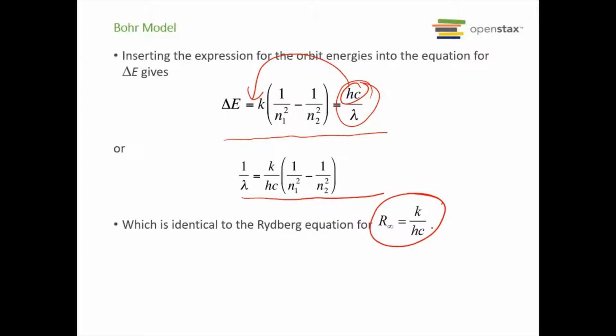That's why it was rearranged like this. So 1 over lambda is equal to the Rydberg constant times 1 over n1 squared minus 1 over n2 squared. So he was able to rederive the Rydberg equation, only this time with a reason for it.